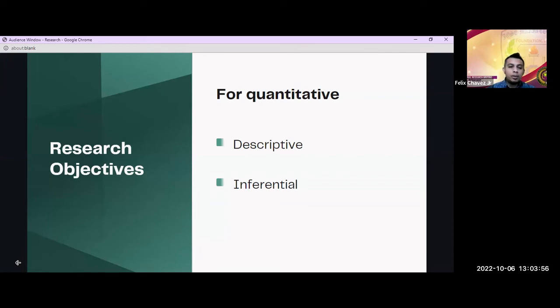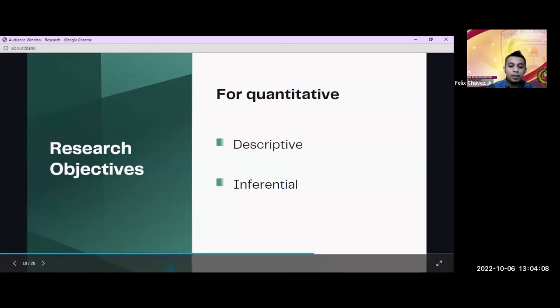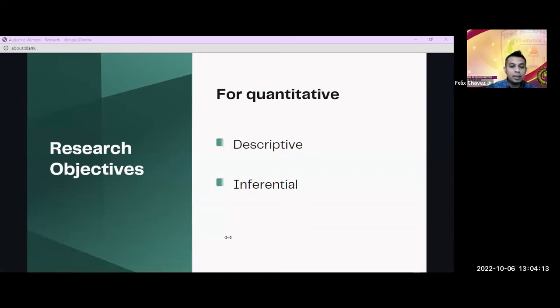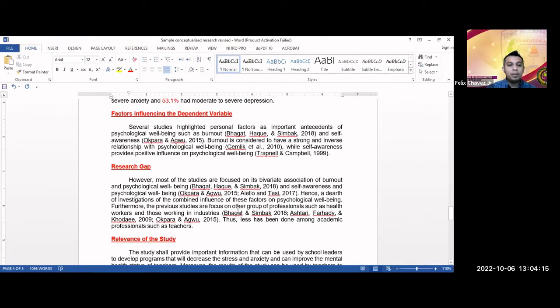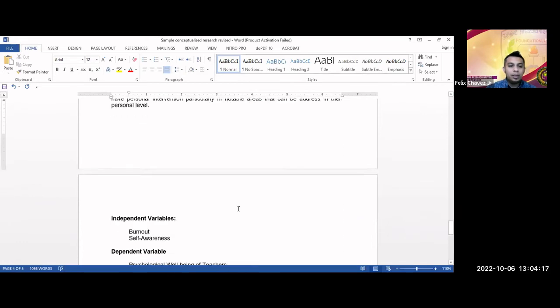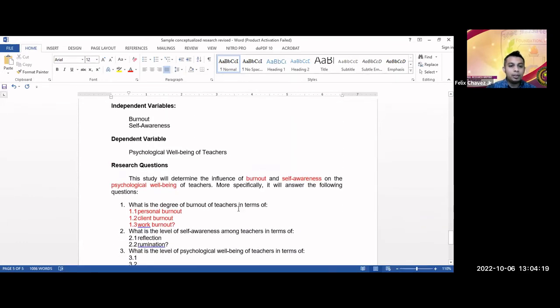And when we talk about inferential, this will be a question for hypothesis testing that links the different variables of the study. So I'll give you an example of a descriptive and inferential question utilizing the same example that we have.